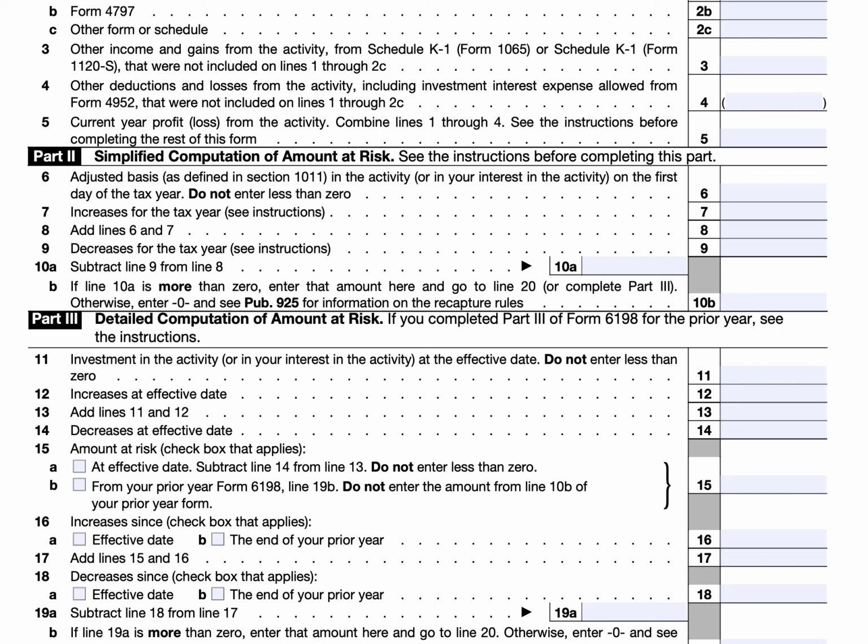So, effective date is the first day of the tax year beginning after 1975 if the activity is described in one of the at-risk categories 1 through 4 that I previously discussed in the form instructions. So holding, producing, or distributing motion picture films, farming, leasing Section 1245 property, or exploring for or exploiting oil and gas resources.